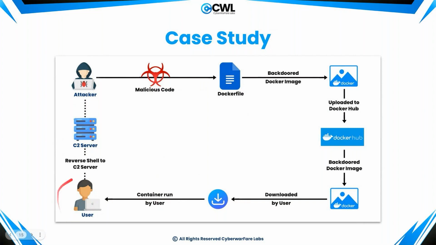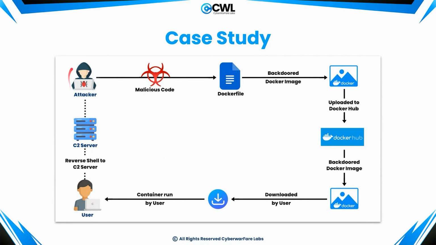As soon as the container is run, the malicious code will be executed directly, and the user will have a shell back to the C2 server. This is just an example that I will be demoing right away.